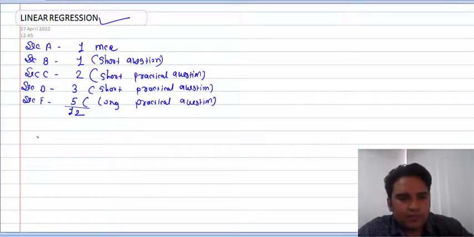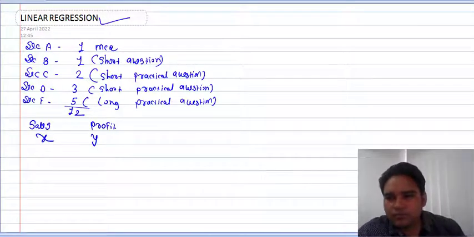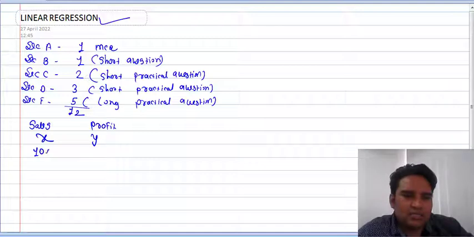Suppose this is the value of X and this is the value of Y. X represents sales and Y represents profit. If my sales is 100, let's suppose my profit is 20. If my sales increase to 120, my profit increases to 25.